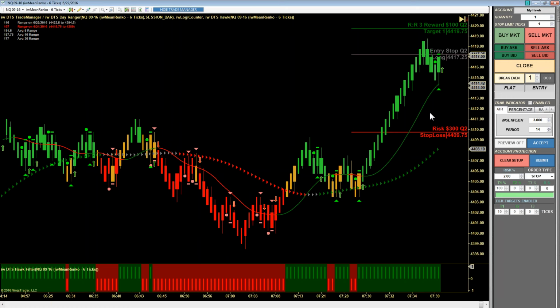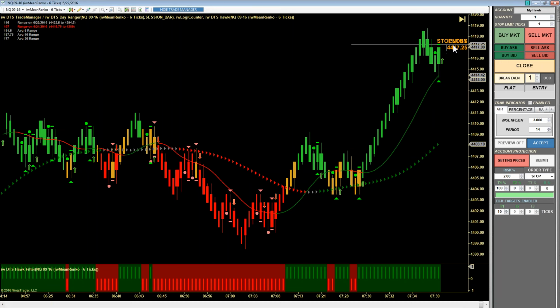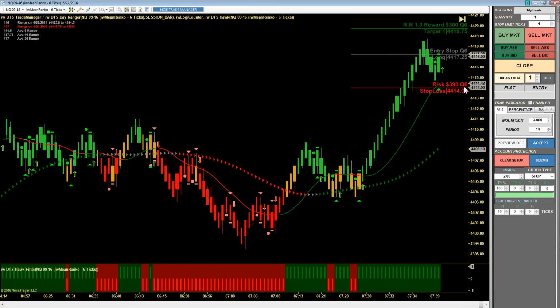By being able to set a reasonable stop so you don't get stopped out prematurely, Trade Manager will also ensure that you're always maximizing your profitability. It will always give you the maximum number of contracts you can afford for your risk. So if I place my stop really tight here, I've got 6 contracts in play.